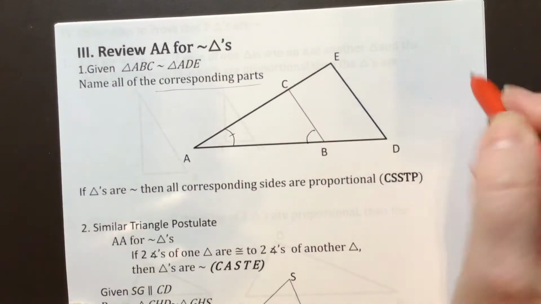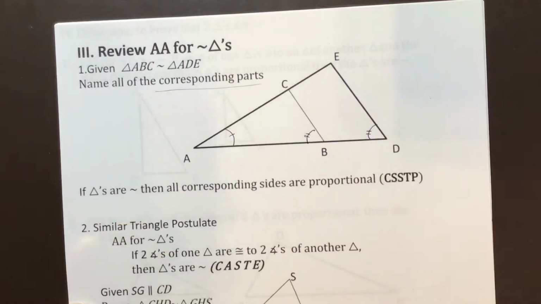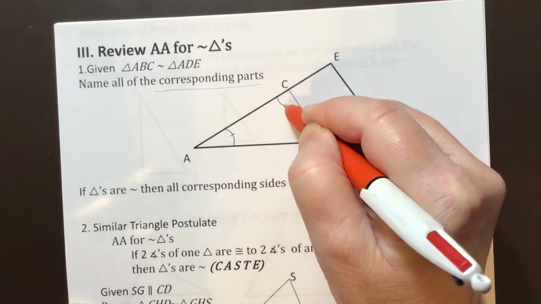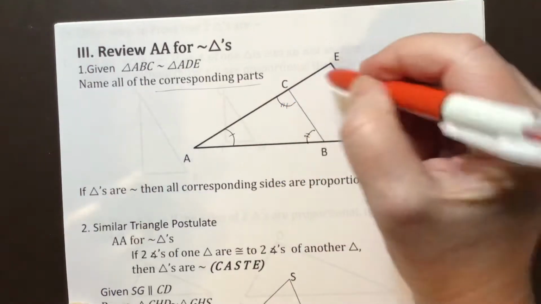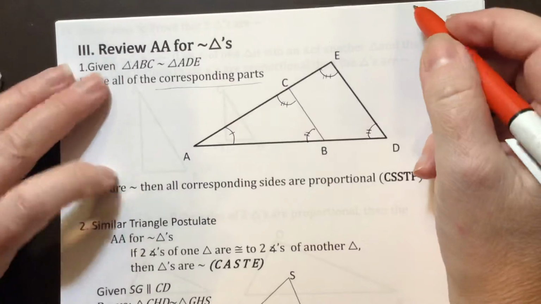This angle at vertex B is equal to this angle at vertex D. And the angle at vertex C here is equal to the angle at vertex E. Now, all of their corresponding sides are proportional.